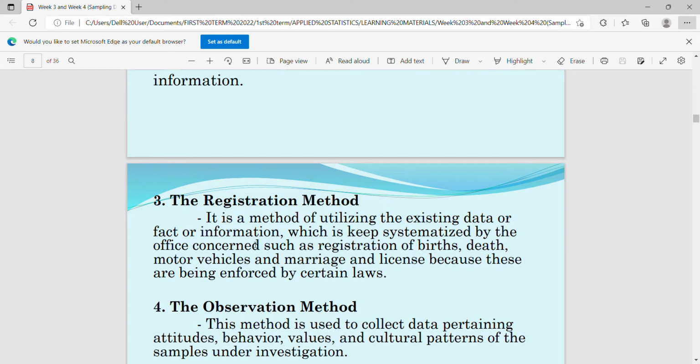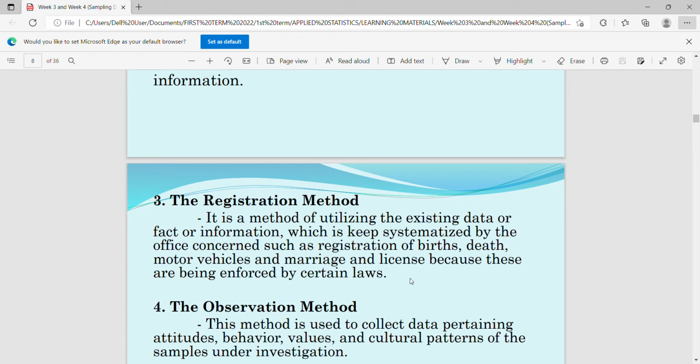So it is a method of utilizing the existing data or fact or information which is kept systemized by the office concerned, such as registration of birth, death, motorcycle vehicles, and marriage and license, because these are being enforced by certain laws.